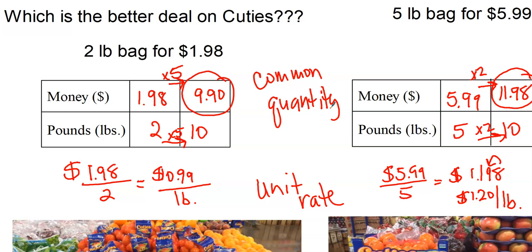It just means if I was buying 10 pounds, what's cheaper? Well, the one on the left. So I'm going to buy my 2-pound bag. This is the better deal because it costs less. And I'm just going to add, it costs less per pound. All right, let's keep going.